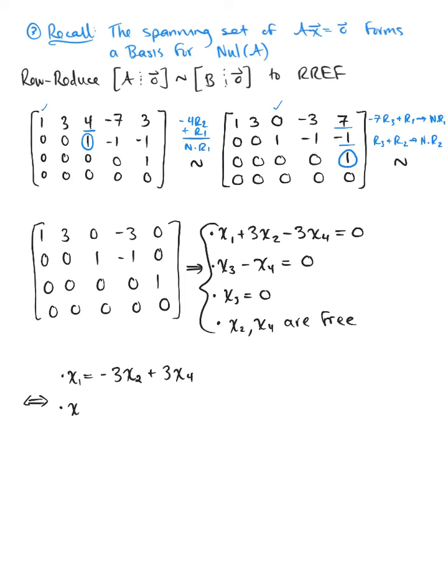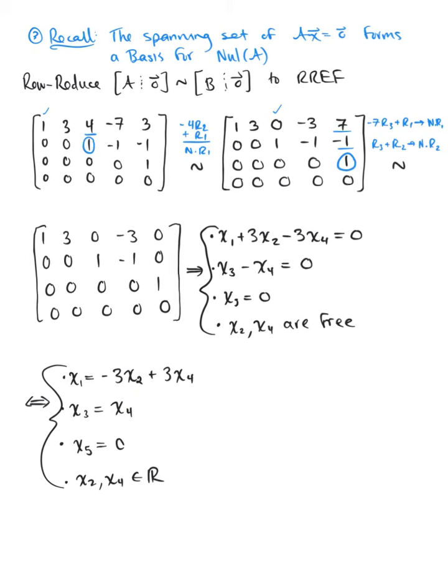We have that x sub 3 is equal to x sub 4. And then we also have that x sub 5 is equal to 0. Again, we're making a note that x sub 2 and x sub 4 are free.